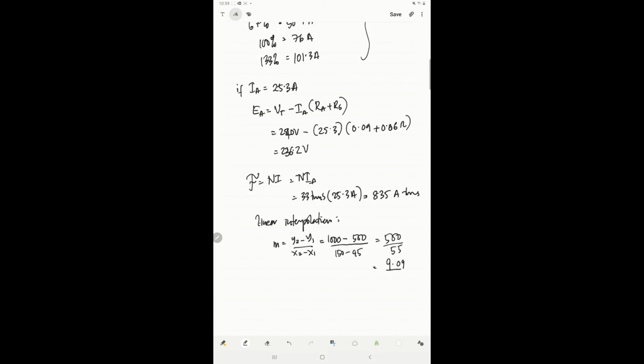The C is simply from y equals mx plus c, and we take any of the pairs.